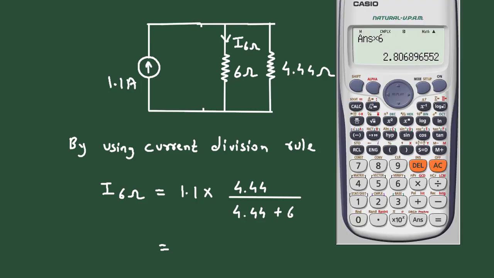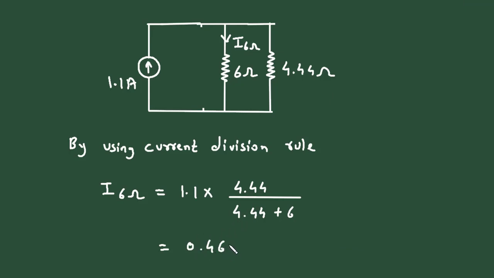Now if we solve this, we get 1.1 multiplied by 4.44 divided by 4.44 plus 6. So it is 0.467 ampere. So this is the value of current I 6 ohm.